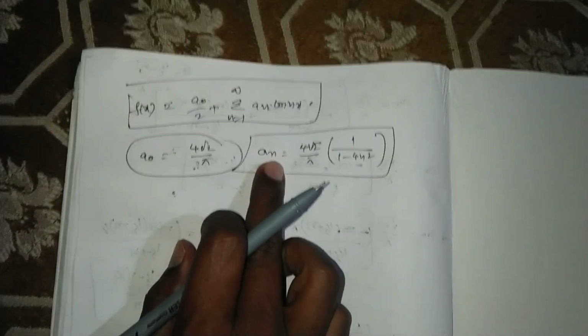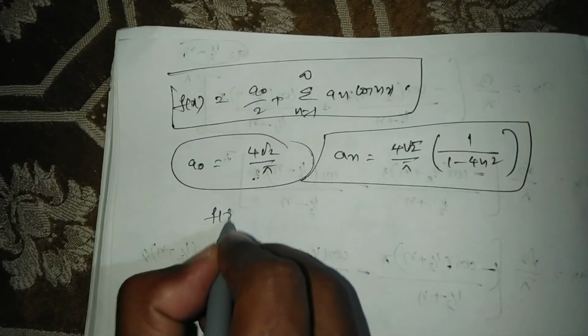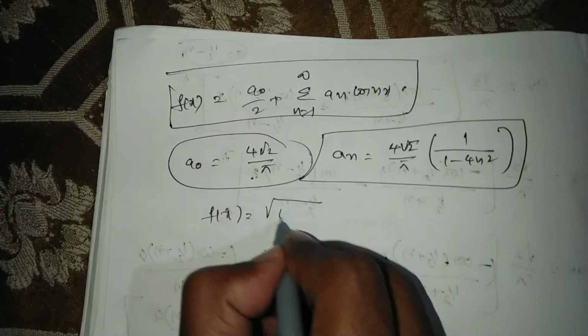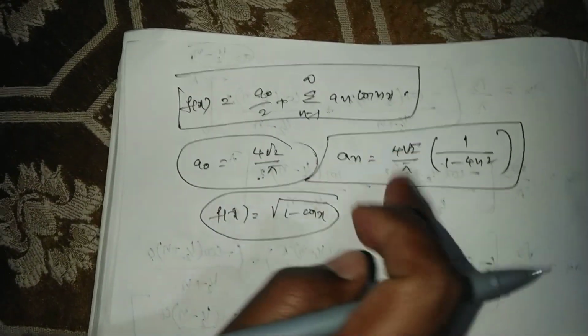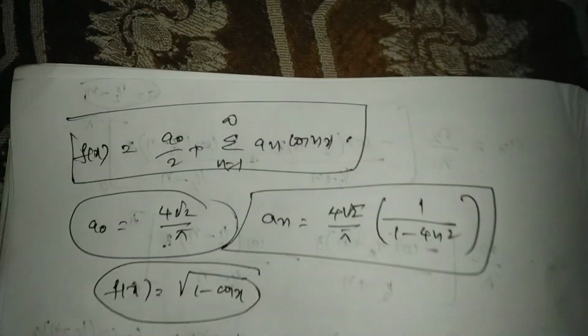So substitute these two values in the formula for f of x. What is f of x? F of x is the given function, that is root of 1 minus cos x. Substitute these three values in the Fourier series formula.